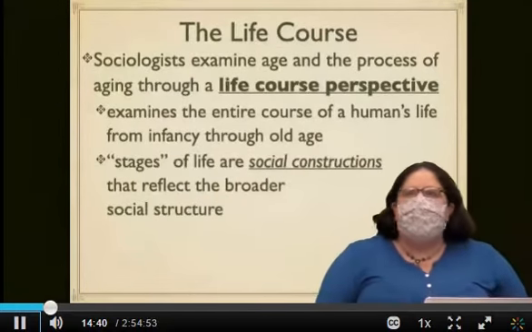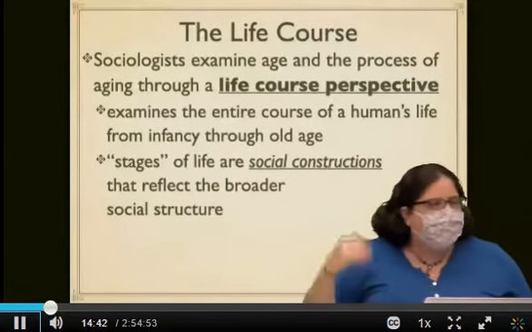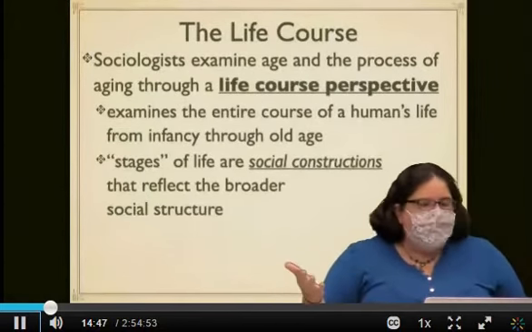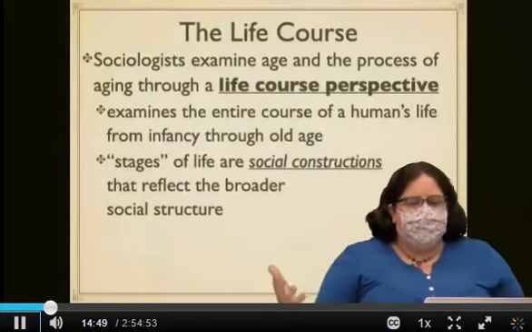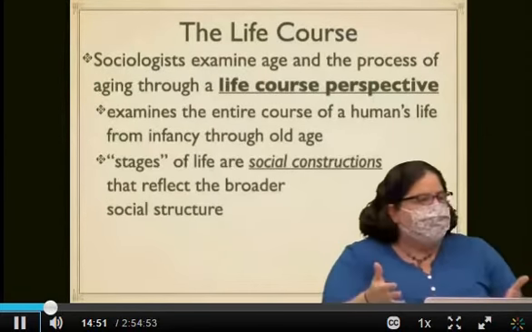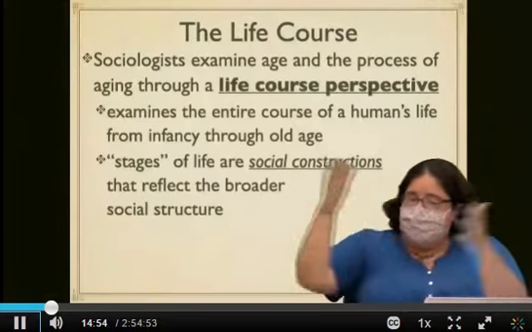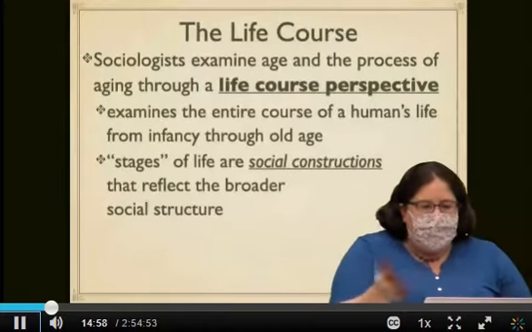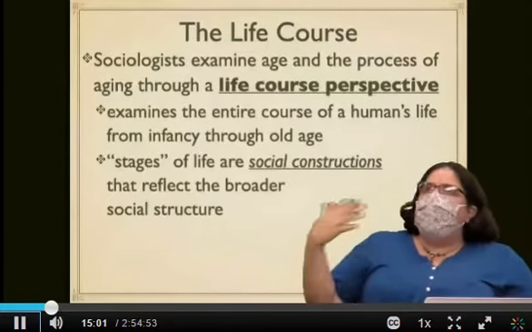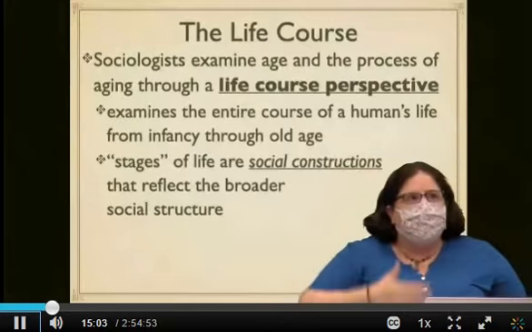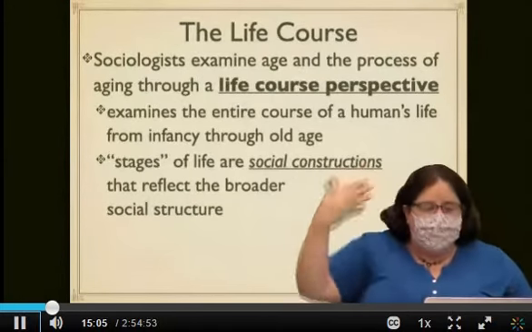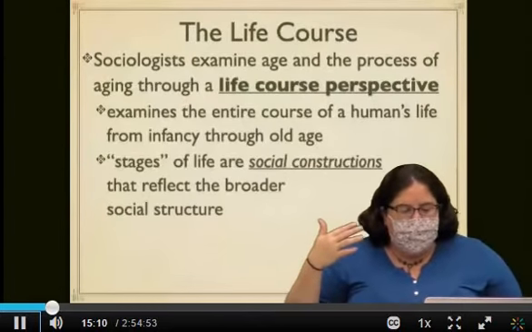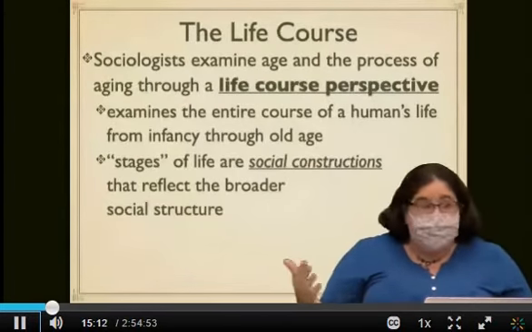They're made up. Did you know that adolescence didn't even exist before the Industrial Revolution? You were young, you were adult, right? That's why the bar and bat mitzvah in the Jewish faith happens at age 13. Before 13, you're a child. After 13, you're an adult in the eyes of the religion. There's no middle adolescent period. But what has happened is, after the Industrial Revolution and mass production of food and things like that, people have more free time than we used to, more leisure time.